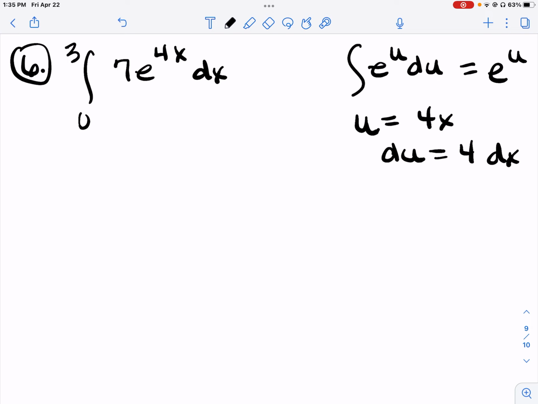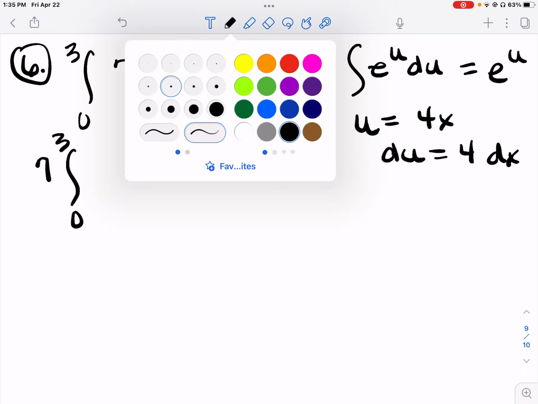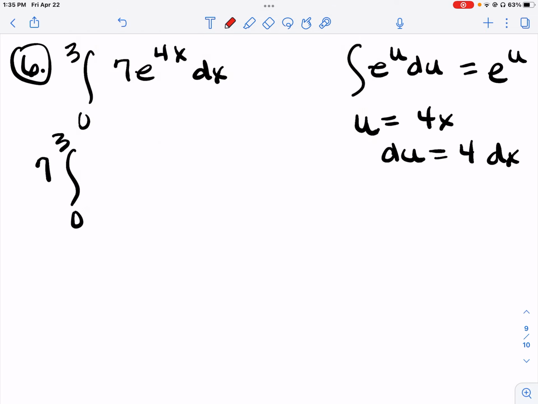That means that 7 is unnecessary, so the 7's going to come up front. I need a 4 because I need 4 dx, so I'm going to times a 4 and divide a 4. So that's 4e to the 4x dx.